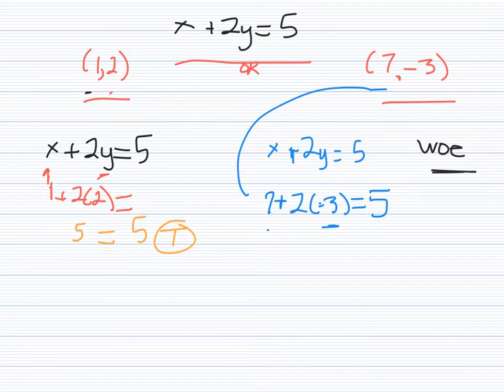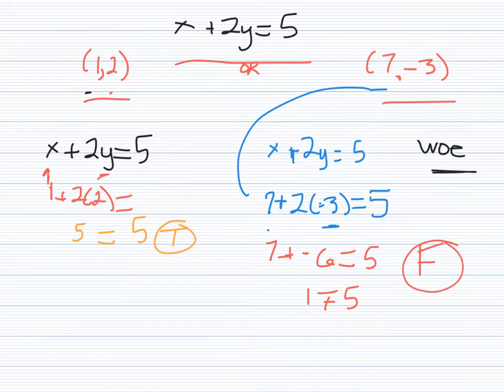If we work that out, we're going to have 7 plus negative 6 equals 5, and that will be 1 does not equal 5. So we would say that 7 and negative 3 are not solutions to the equation that we wrote up here.